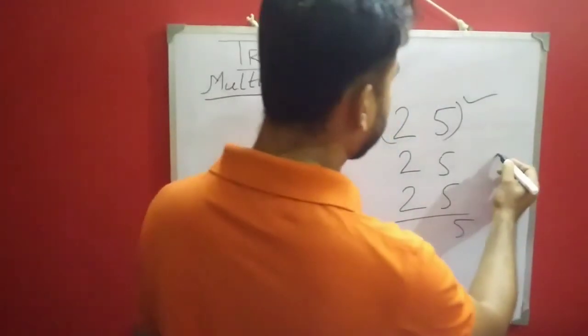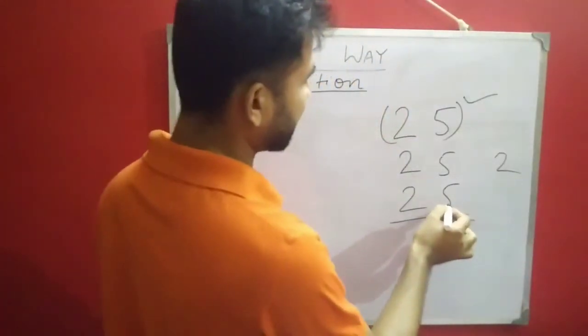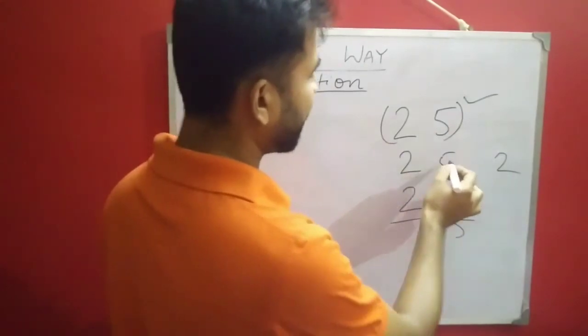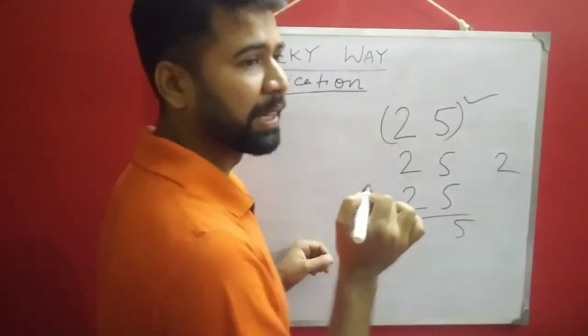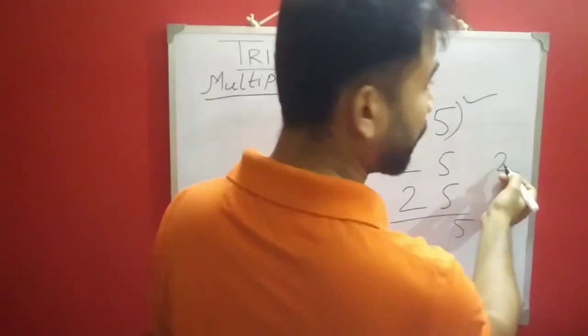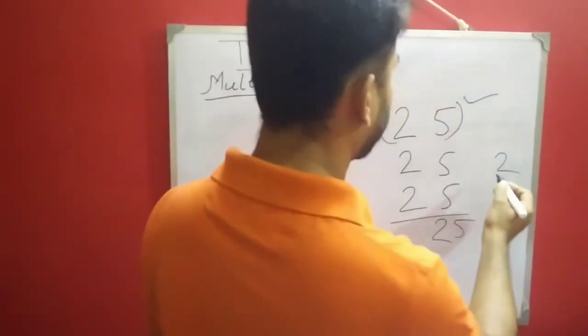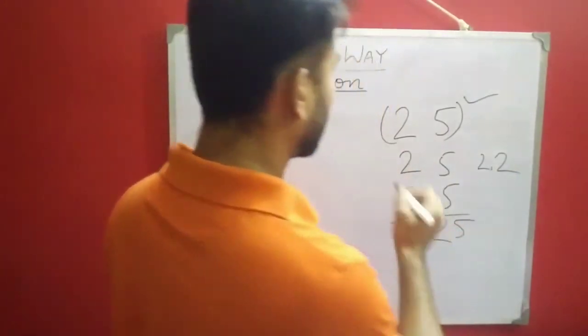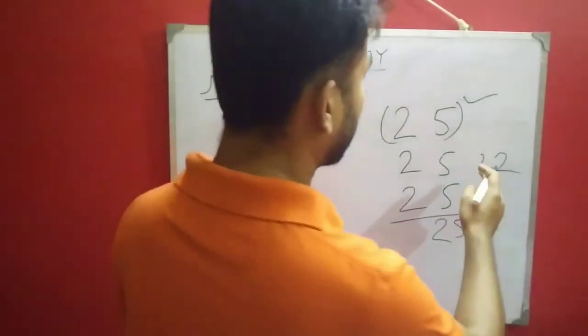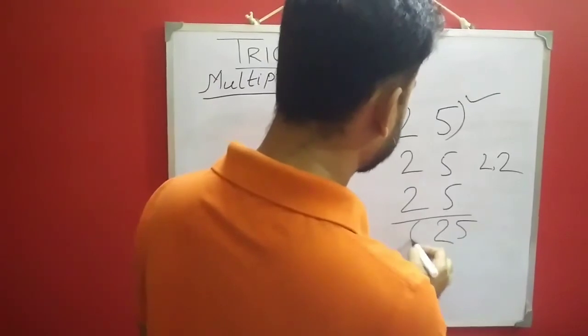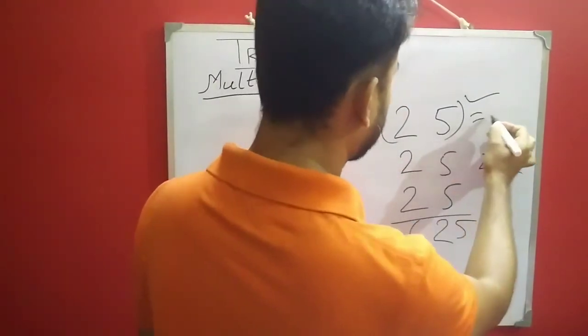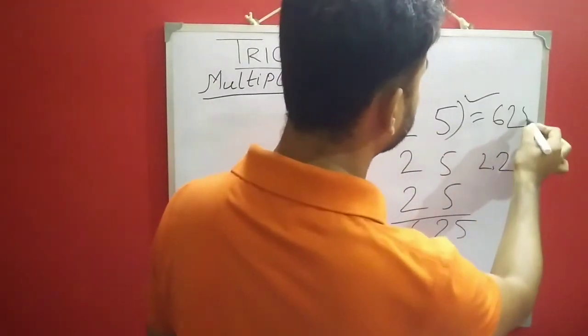So 5 and carry 2. Cross multiplication: 5 into 2, 10. 5 into 2, 10. 10 plus 10 equal to 20. 20 plus 2 equal to 22. So 2 and carry 2. 2 into 2 equal to 4. 4 plus 2 equal to 6. So 25 square equal to 625.